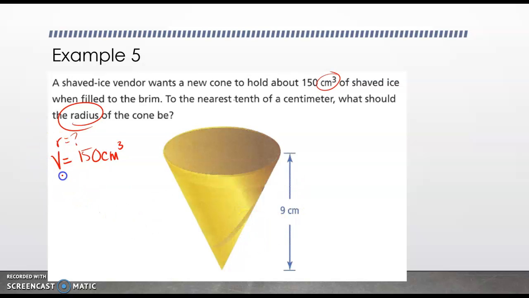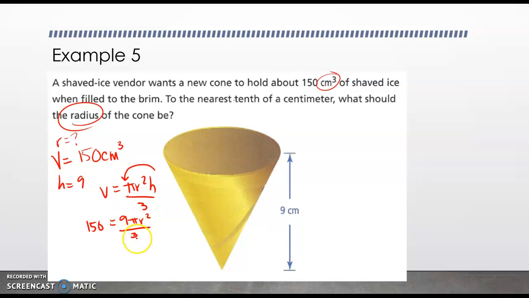When we look at the picture, we know that our height is 9. So from here, we're plugging into volume equals pi r squared h divided by 3. I know my volume is 150. I'm going to move my h to the front, so I have 9 pi r squared divided by 3.